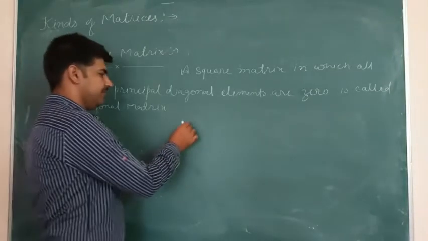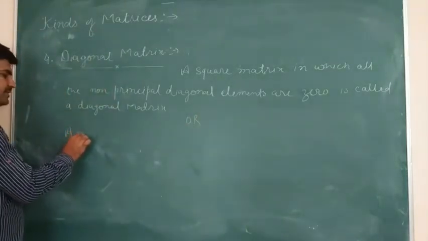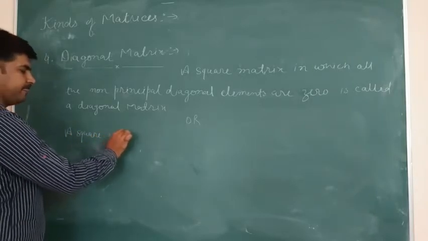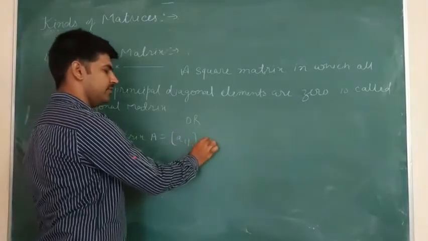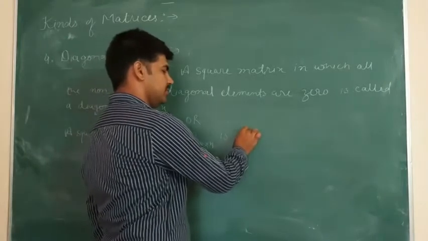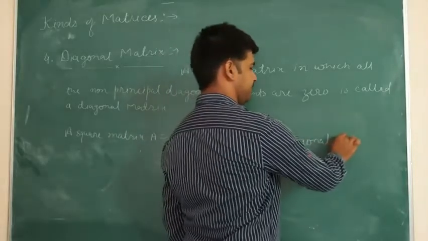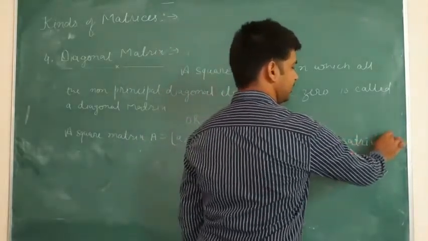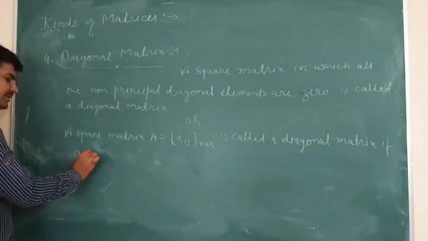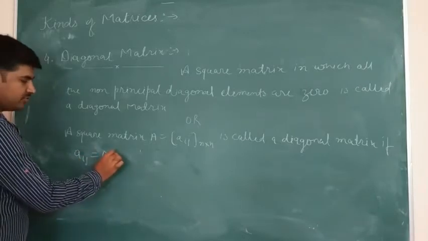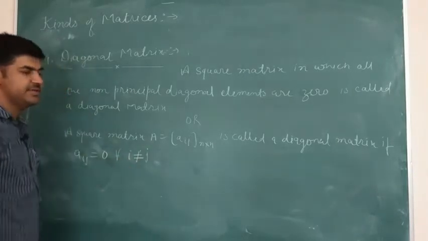One more definition I am writing. A square matrix A of order n by n is called a diagonal matrix if Aij, the elements, are 0 for all i not equal to j.